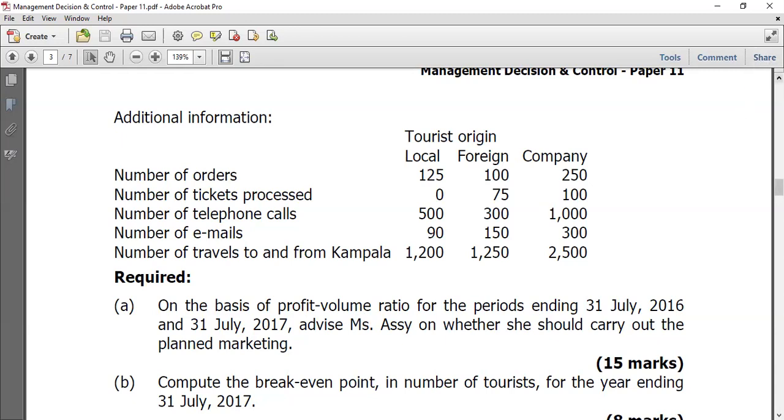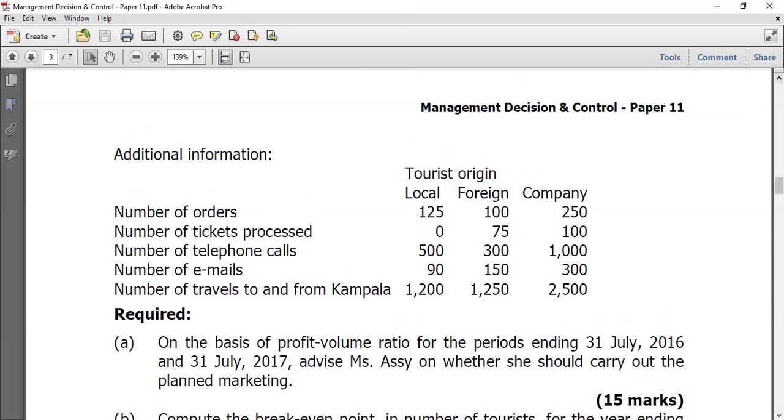Now, you know what the profit volume ratio does, the CVP analysis, okay? CVP analysis believes that profit, and when you speak of profit, we're speaking of costs as well as revenue, okay? That profit, which is revenue and costs, basically depends on volume, okay?